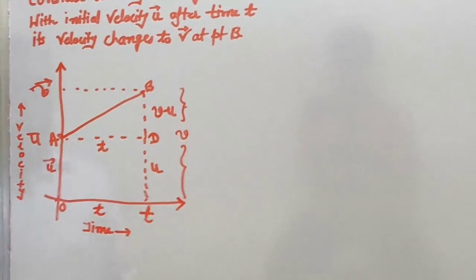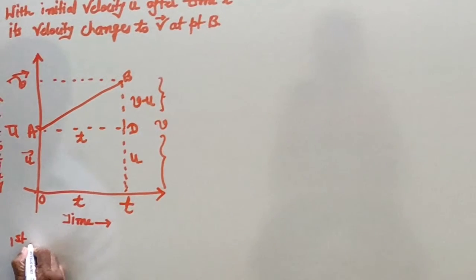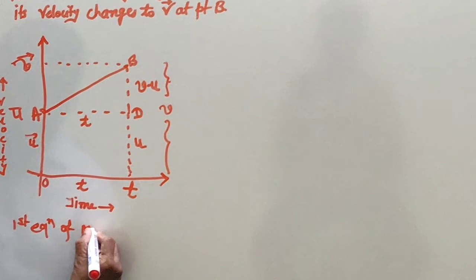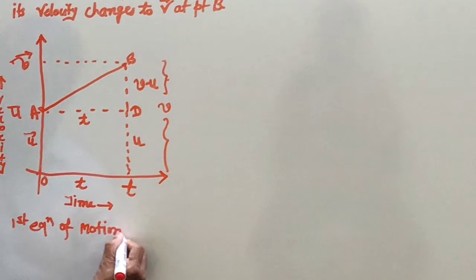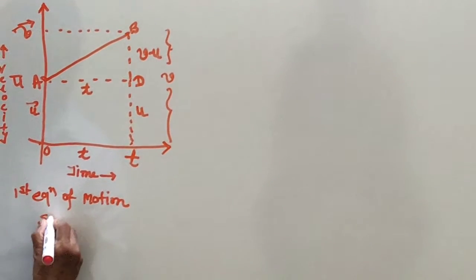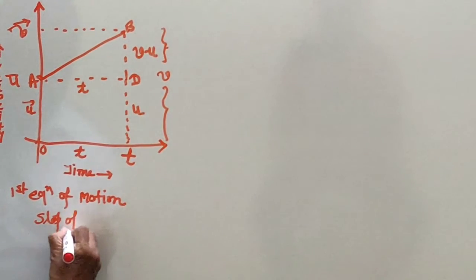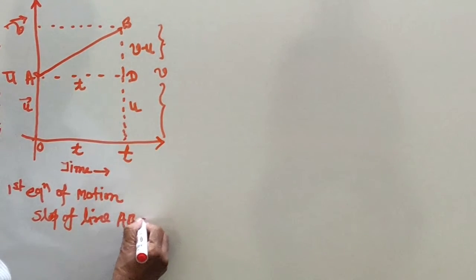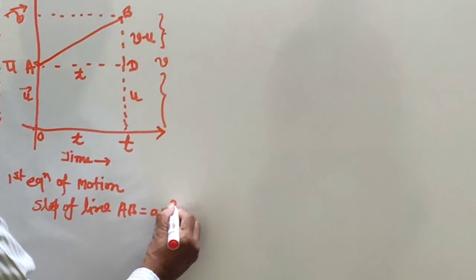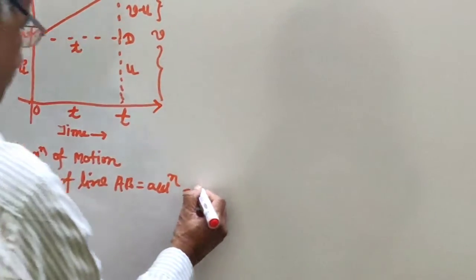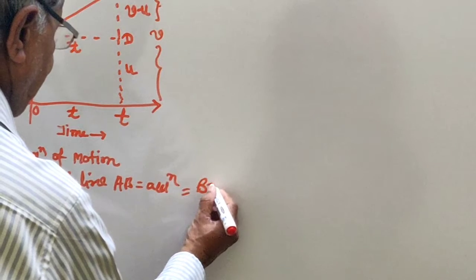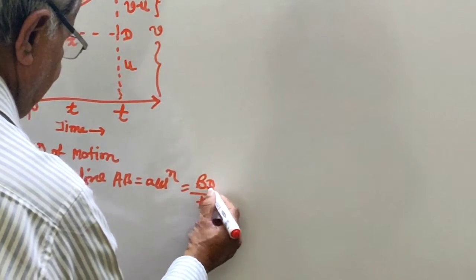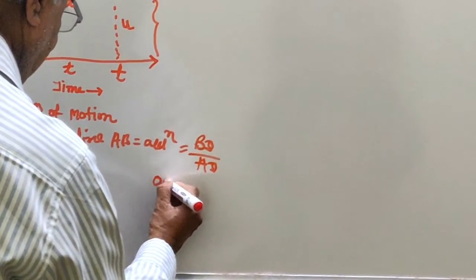Now we are going to solve the first equation of motion. The slope of line AB is equal to acceleration, that is equal to BD upon AD. Now I am writing the value of BD and AD here. Acceleration is denoted by a.